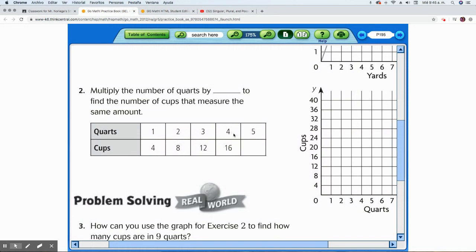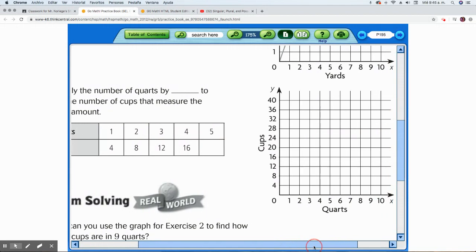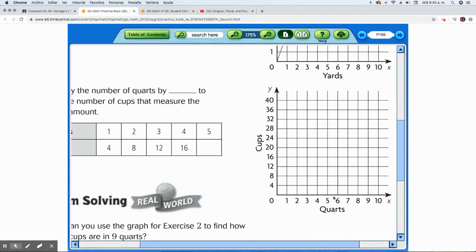When you finish your table, remember that the numbers on the top will tell you how you need to walk on the x-axis, which is this bottom line right here, and these numbers on the second line will tell you how you need to move up on the y-axis. So 1, 4 would be this one right here.